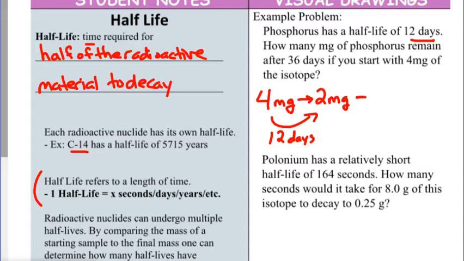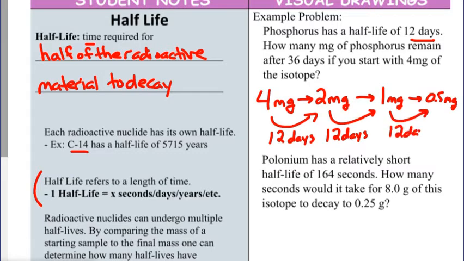Okay, if we go from 2 milligrams, cutting in half down to 1 milligram, that length of time again was another 12 days. And then if we go from 1 milligram in half down to 0.5 milligrams, that length of time again was another 12 days.